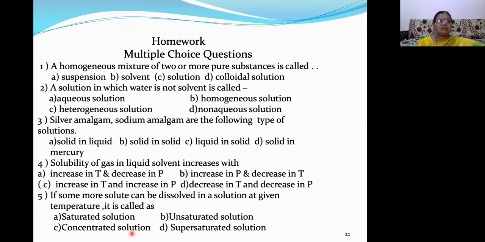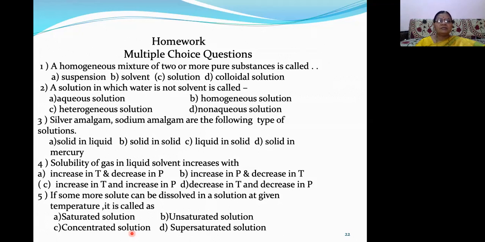When water is not the solvent, that will be the non-aqueous solution. Homogeneous solution is related to the uniform mixing of components. Heterogeneous means non-uniform mixing of the components. So when the solvent is other than water, it is known as a non-aqueous solution.